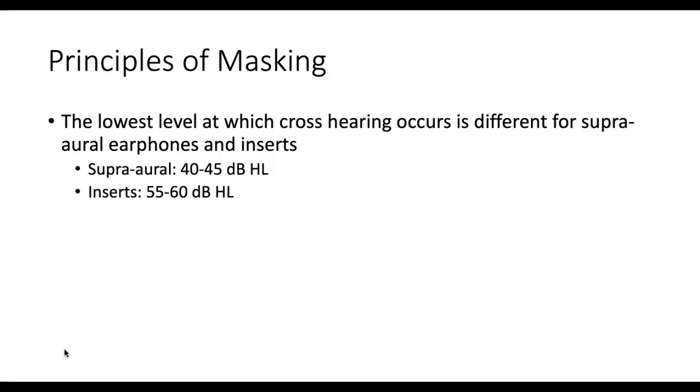Theoretically, here's the range for supra-aural headphones, like the ones we're about to see, and then there's the range of interaural attenuation for inserts. We use about 40 and 60 as a conservative measure.